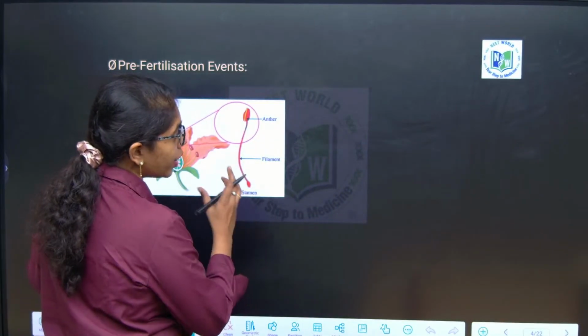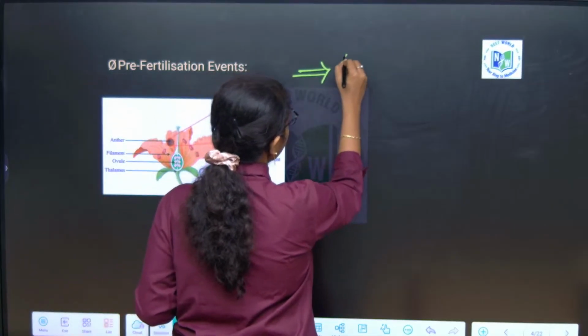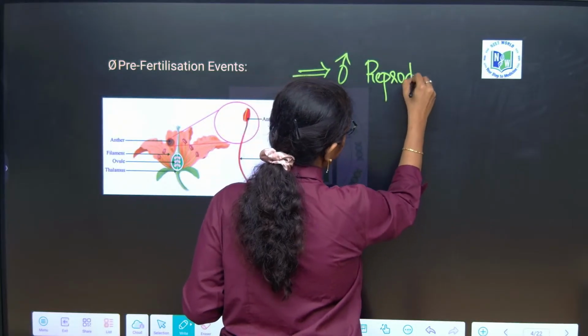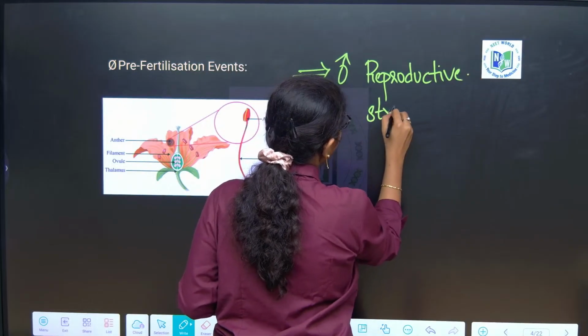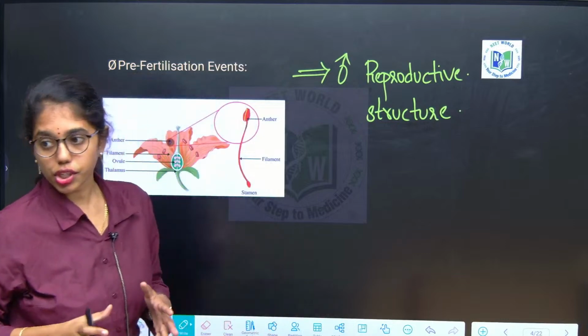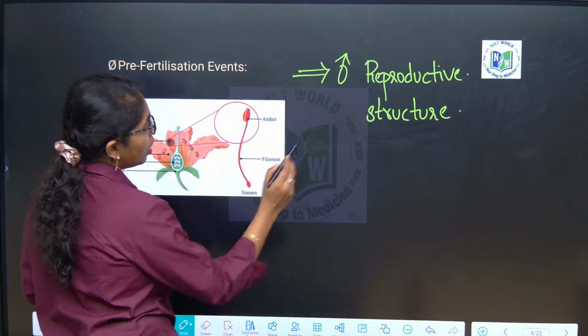First, looking into the essential whorls, we will learn about the male reproductive structure. The male reproductive structure includes the androecium.